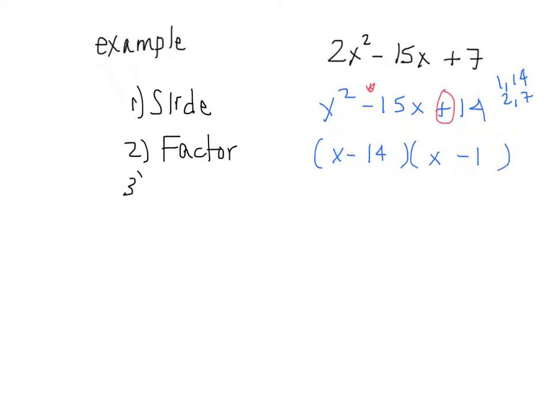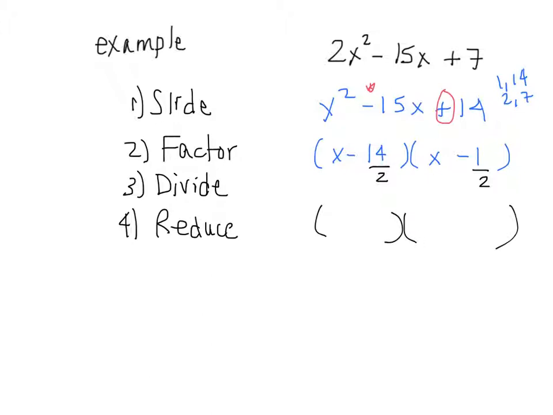Third step is to divide. So I multiplied that last number by 2, so I'm going to divide by 2. Fourth step, we reduce. That leaves me with x minus 7 and x minus 1/2.